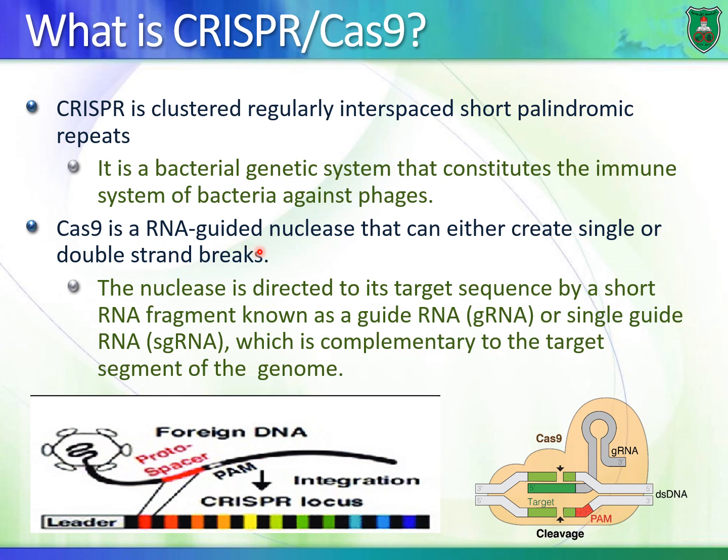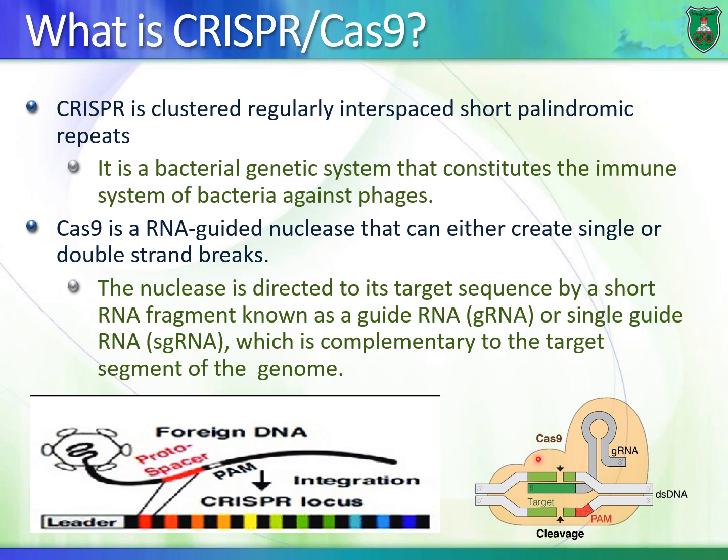So it binds to, it associates with an RNA molecule, and this RNA molecule takes it to a certain place in the DNA. So it is a ribonucleoprotein in that sense.